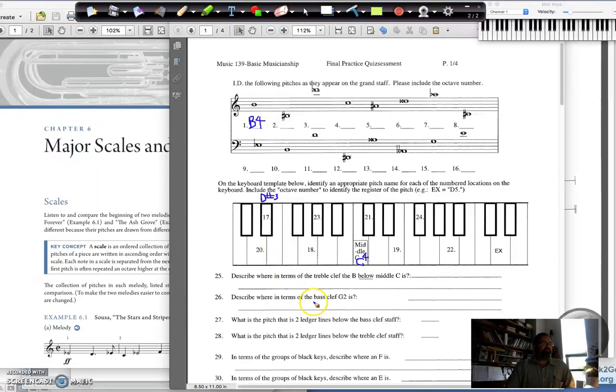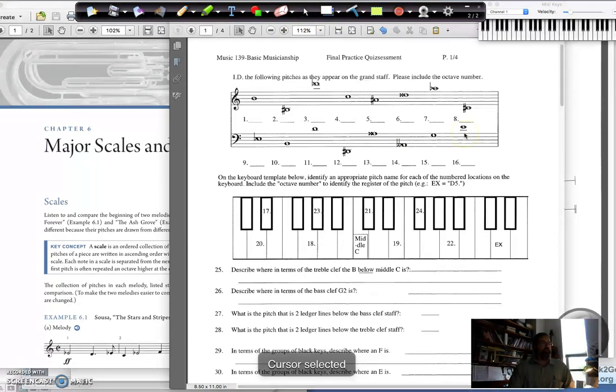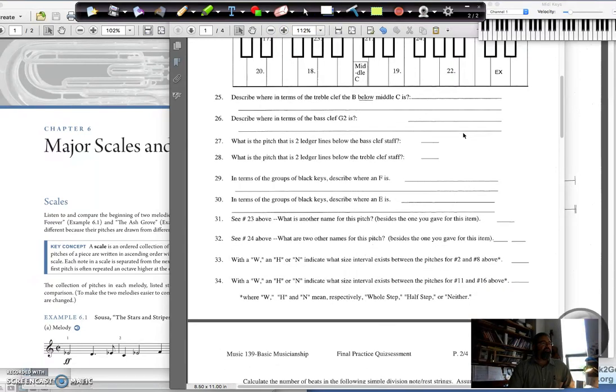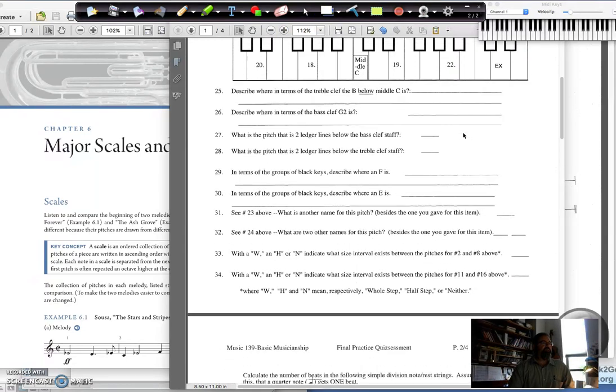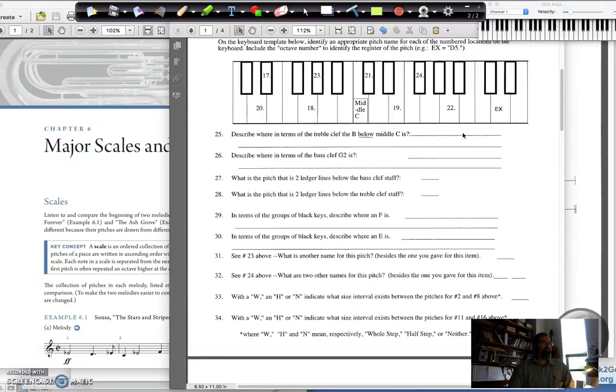And then I have some questions that describe where things are on the staff and the keyboard, maybe in ways that really get you to think about what the thing is. I think I make reference to the keyboard somewhere on this page too. So, all right, I'm back to the pen.